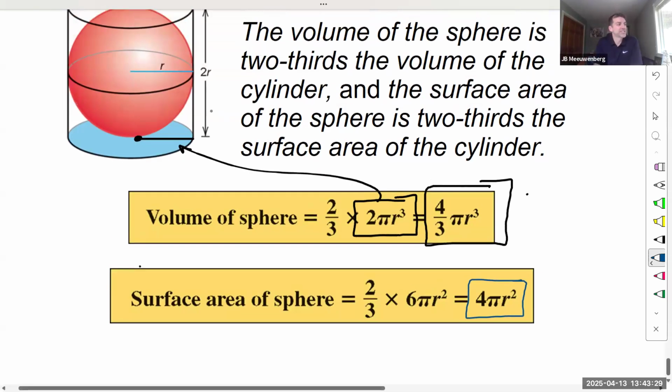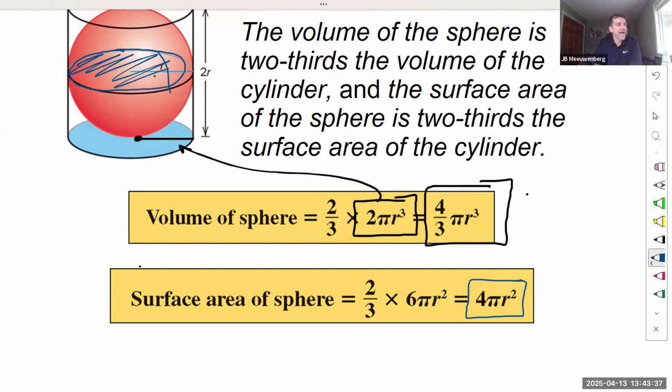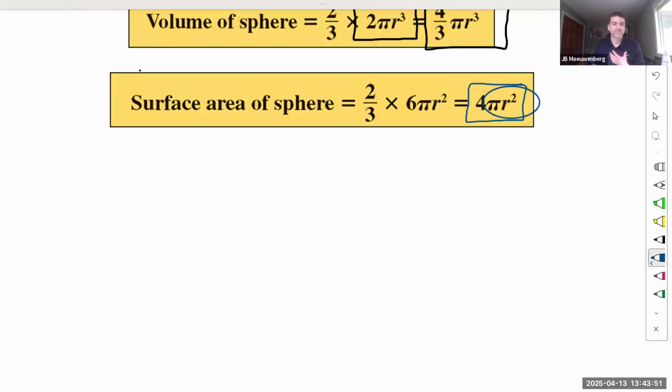If you imagine this sphere right here, this circle that exists across the middle of it, if you can find the area of that circle, that's the pi r squared portion. Multiplying that by 4 is the surface area of the entire sphere, which I think is a really interesting relationship that exists.